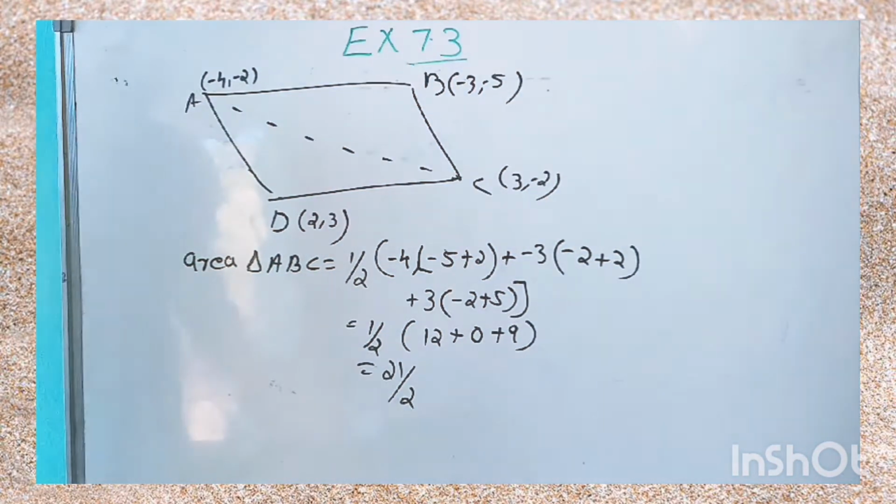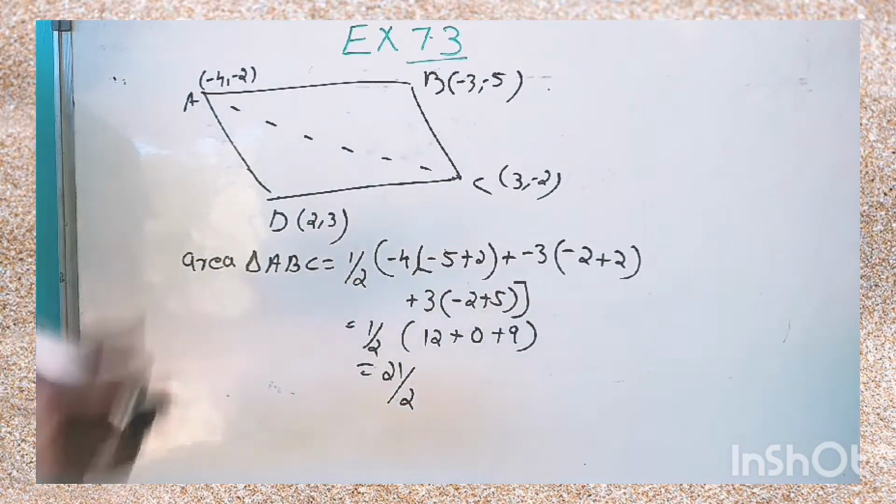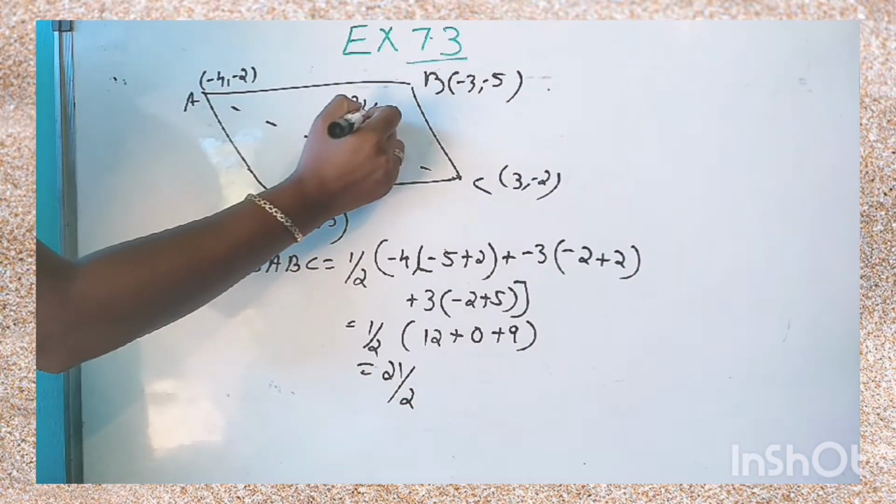Now area of triangle ACD. ABC is 21 by 2.